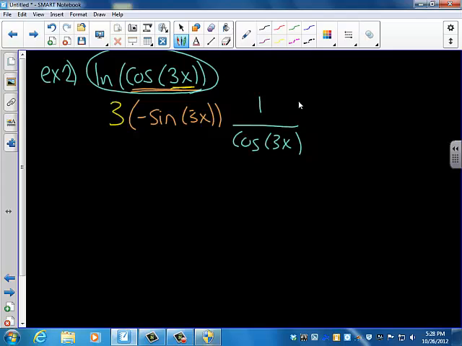Putting it all together, doing some algebra, my negative comes out to the front: negative 3 sine 3x over cosine 3x. Now keep in mind, I know a lot of you like to try to cancel those 3's, and you can't do that. It is sine of some sort of function. But how else could I simplify this? What other trigonometry do I see there? Oh yeah, sine divided by cosine is tan.